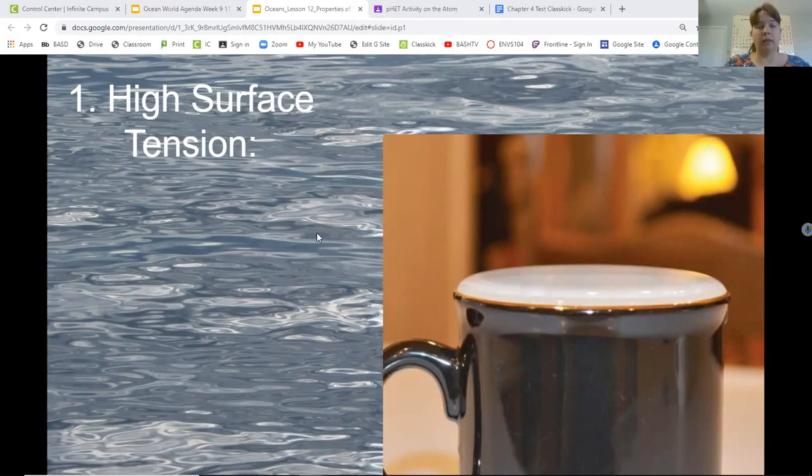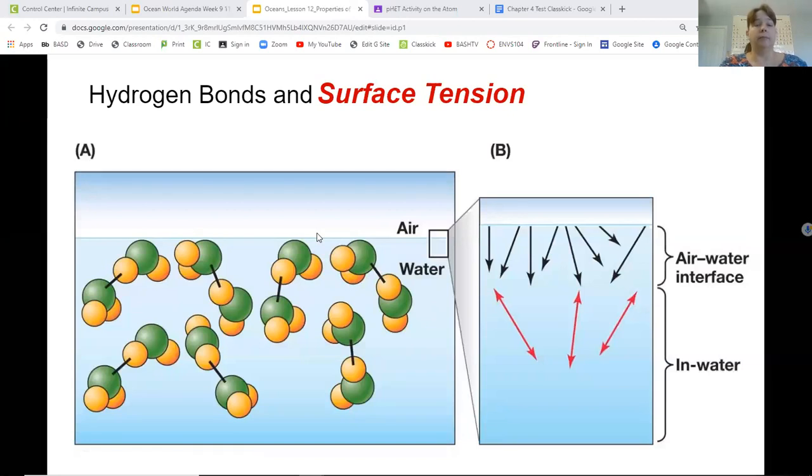So how does hydrogen bonding contribute to this high surface tension? Again, water is attracted to other water molecules, cohesion. But when water molecules come to the surface, there is only air on the other side and not water molecules. So they orient themselves so that they are facing downward to try to attract the other water molecules.